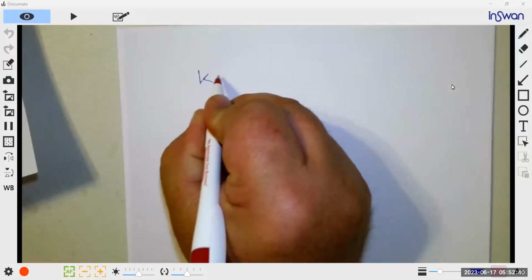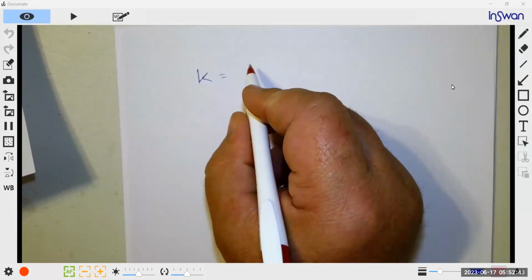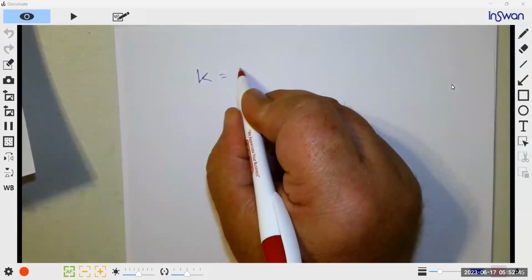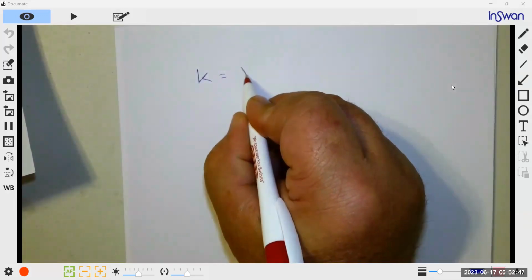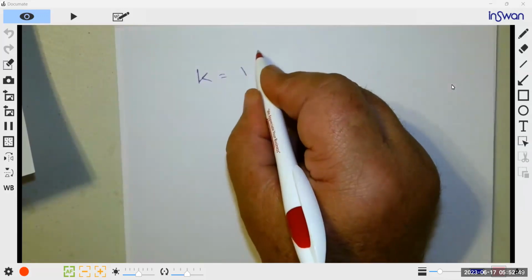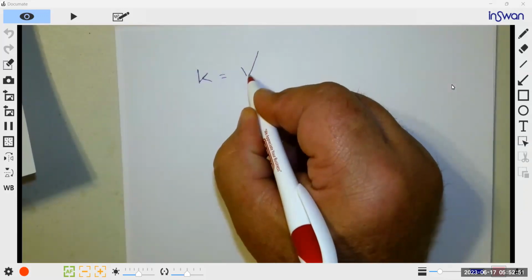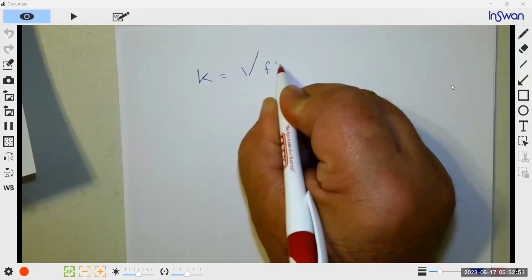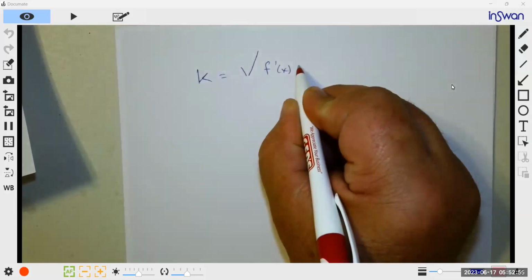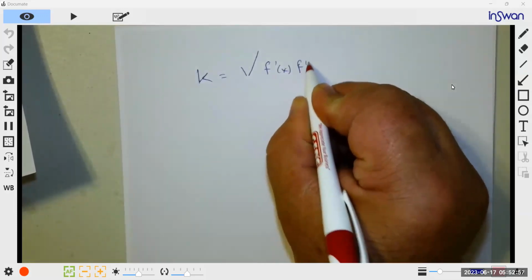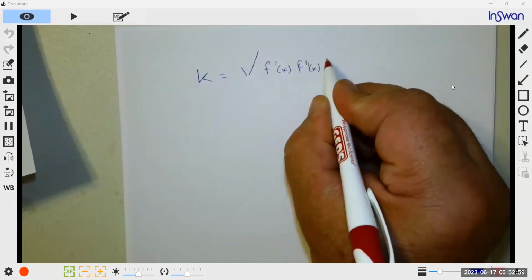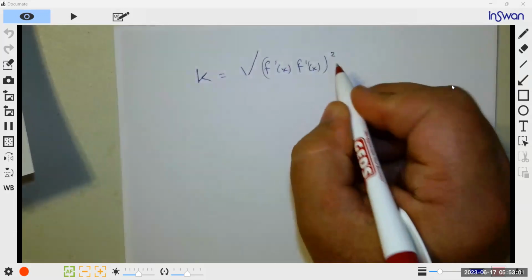So kappa is equal to f prime of x, f double prime of x squared.